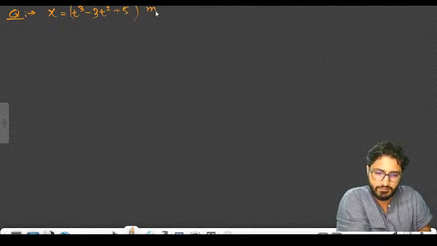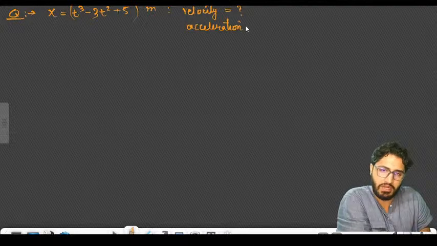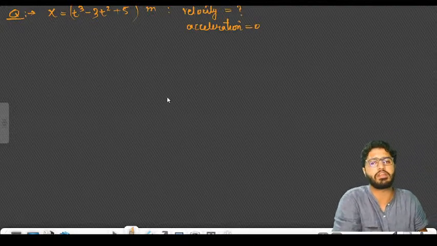Suppose x equals t cube minus 3t square plus 5 meters. We need to find the velocity when my acceleration is 0. So what is the meaning of it?